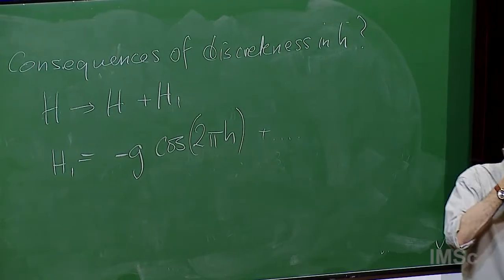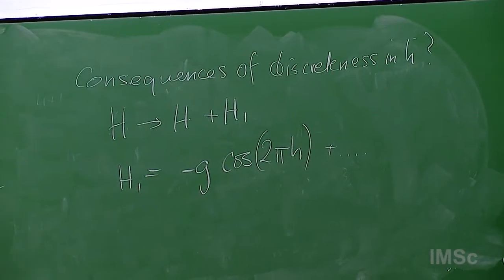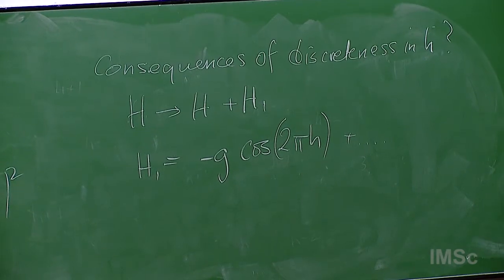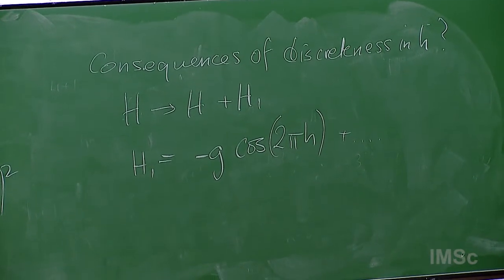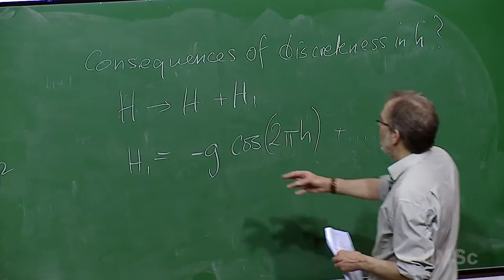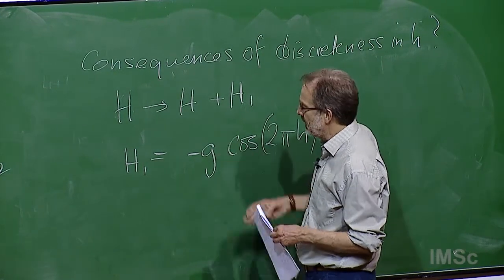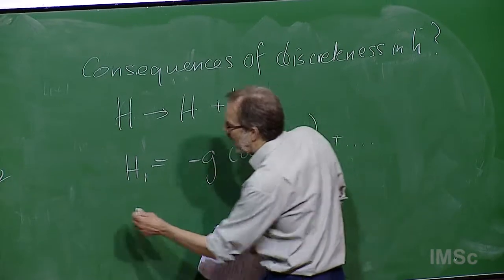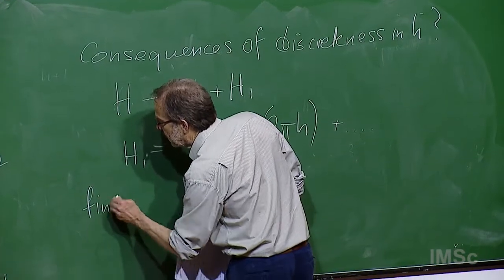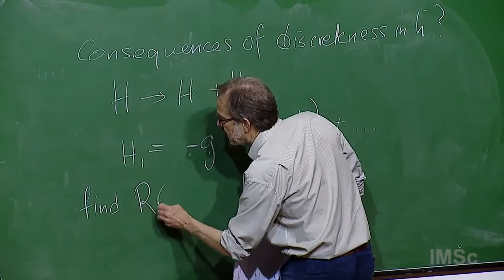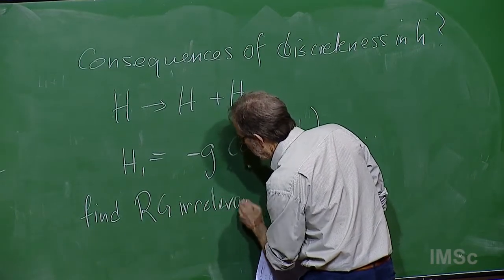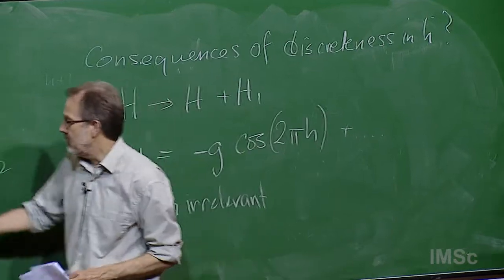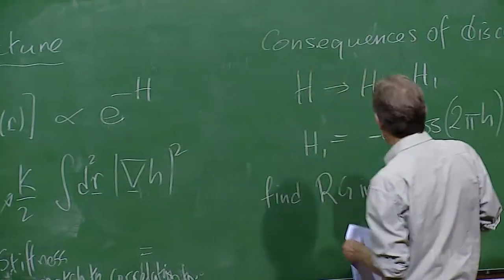And so there are standard techniques which I don't have any time to talk about, but which allow you to do an RG calculation to find out whether this discreteness is important or not. And what you find out is that it's RG irrelevant if this stiffness is small enough.